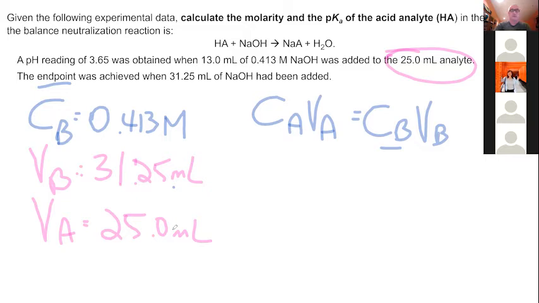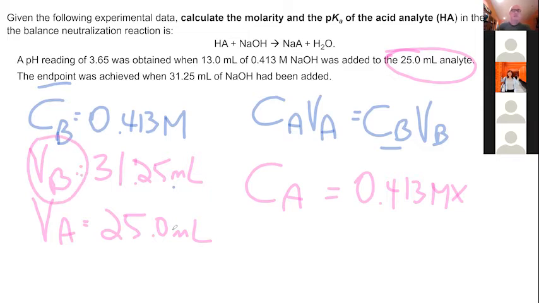So we want the concentration of acid. That's going to be the concentration of base times the volume of base. There's our volume of base. And we don't even need to change the units as long as we're using the same units of volume for each.